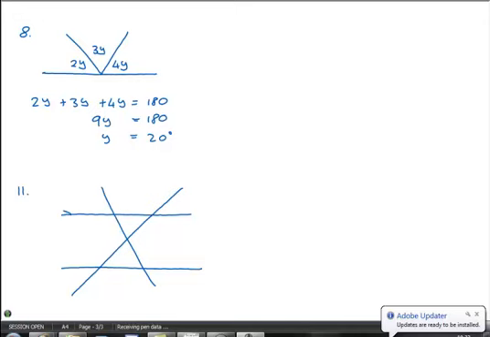You're told that these two lines here are parallel. This is 50, 115, X in there, Y up at the top. So start filling in stuff that you can see.